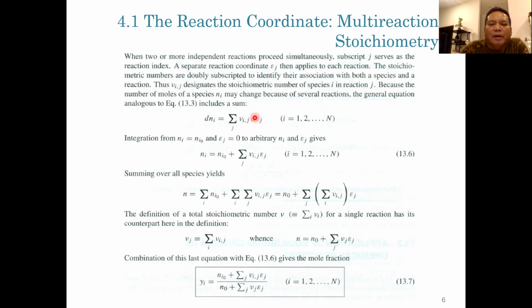Right here, we maintain j constant. So from the integration, with n_i equal to n_i0 and epsilon_j equal to 0, it will provide us with this equation. This is very much similar to the previous equation.